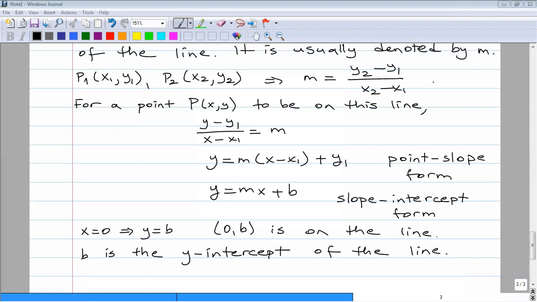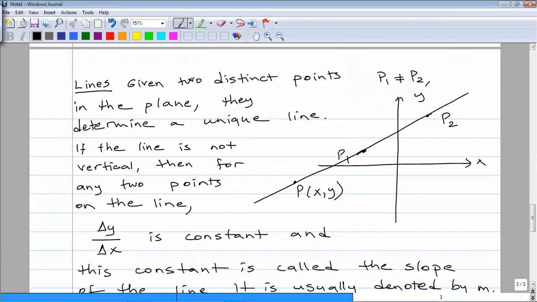You can identify your line with the angle it makes with the x-axis, this angle theta. Then tangent theta is your slope.